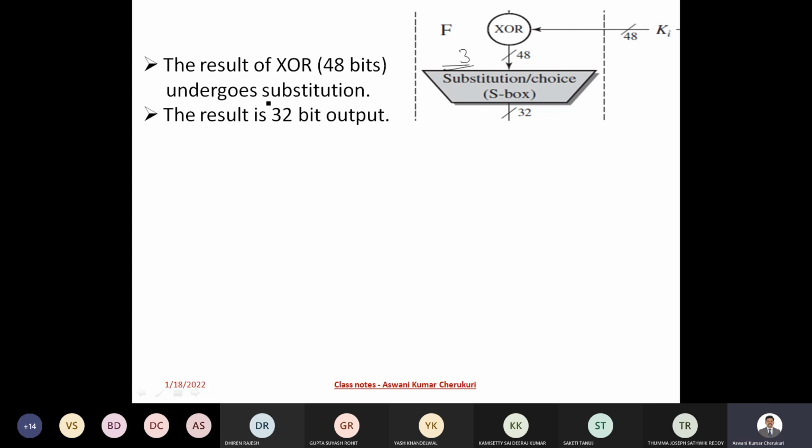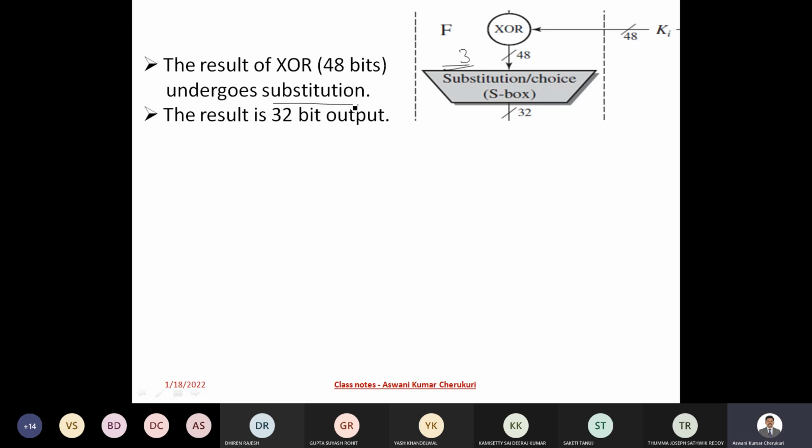The result of your second step, where you combined the expanded 48-bit with the key using an XOR operation, you have to bring back to 32-bit. How we are going to do it is by performing a kind of substitution.